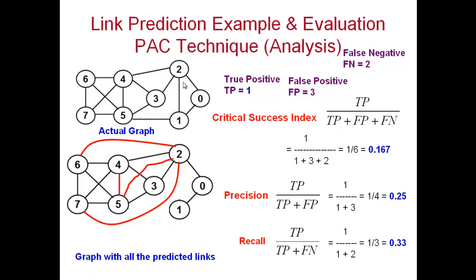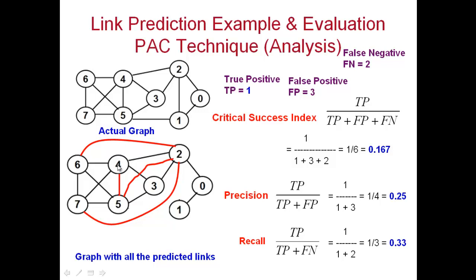So as I said, given this actual graph, I am going to remove 3 links. In this case, the 3 links that I removed are 4 5, 1 2 and 1 5. I'm going to see how many links I predict, or what links I predict. I really ended up predicting 4 links, and only one of these 4 links really existed in the graph.